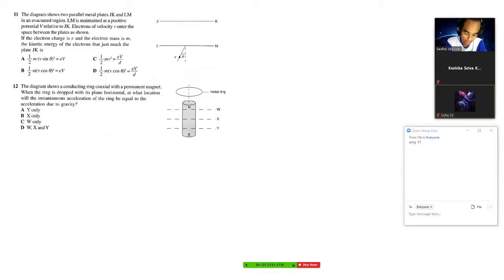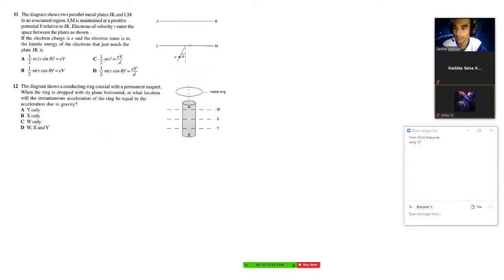Question number 11 says a diagram shows two parallel metal plates, JK and LM, in the evacuated region. LM maintains a positive potential difference relative to JK.